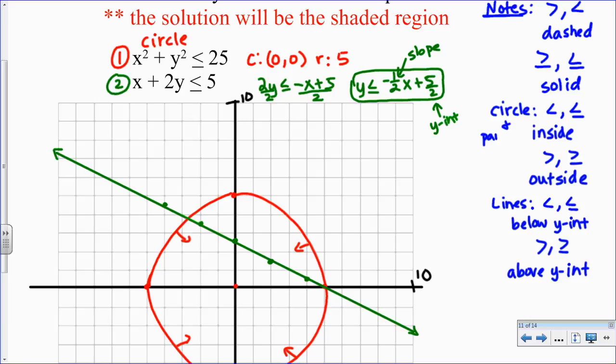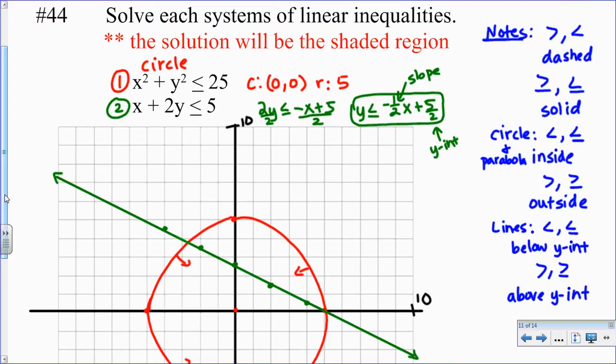I'm going to say here for the circle and parabola as well, circle and parabola do pretty much the same thing. Okay, so there's my notes. We're doing these in general.